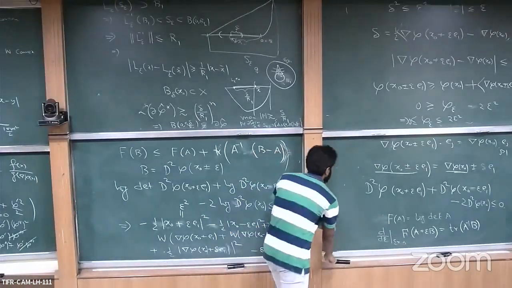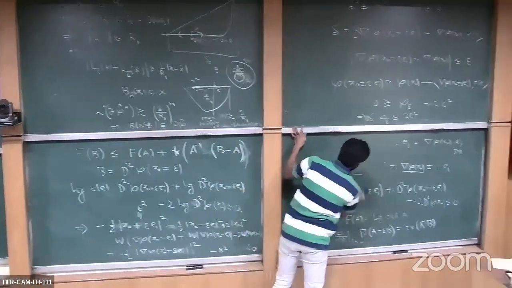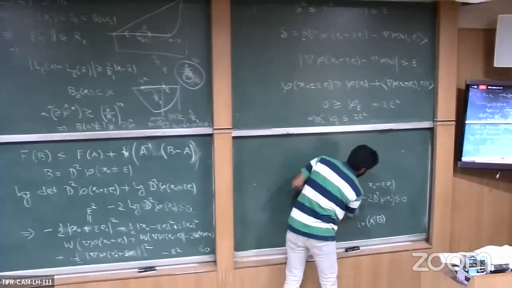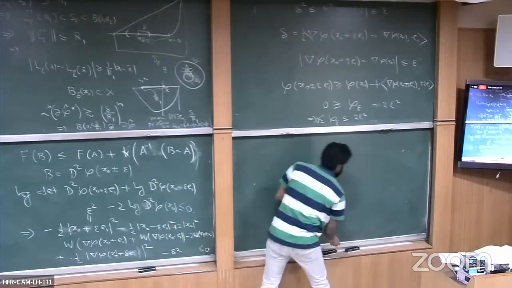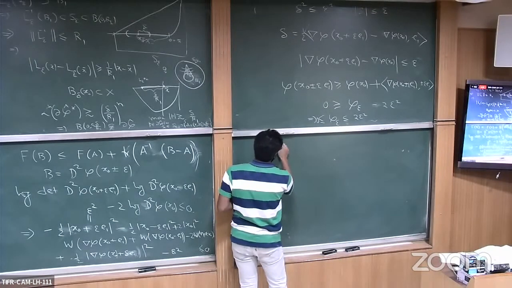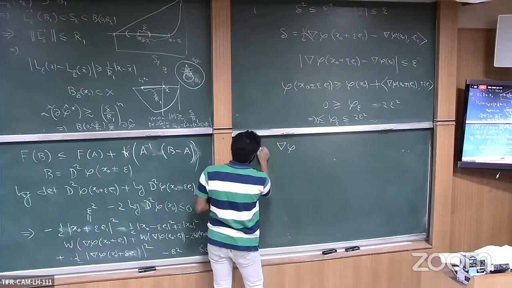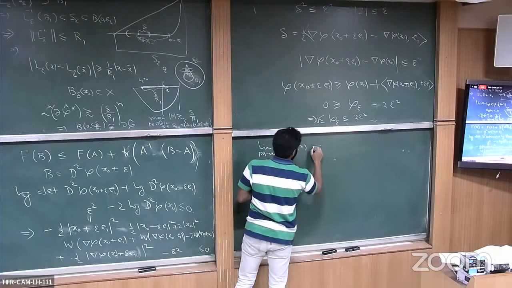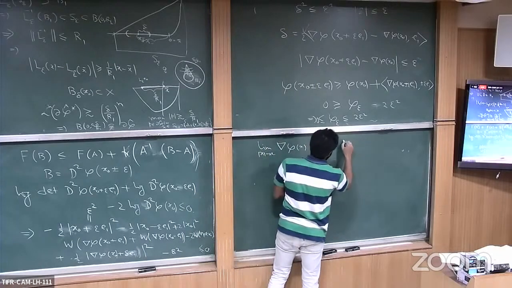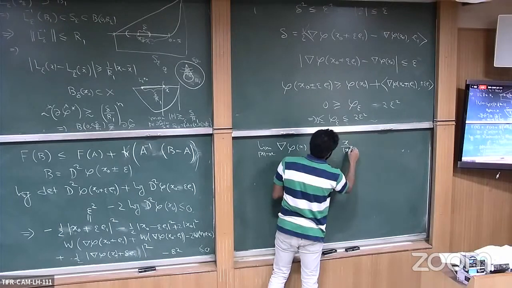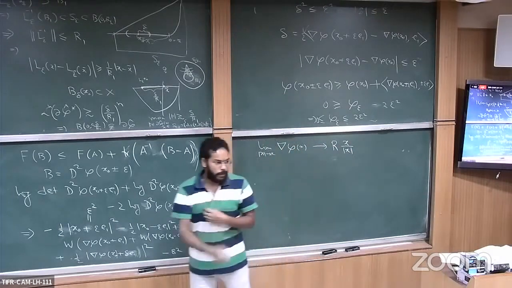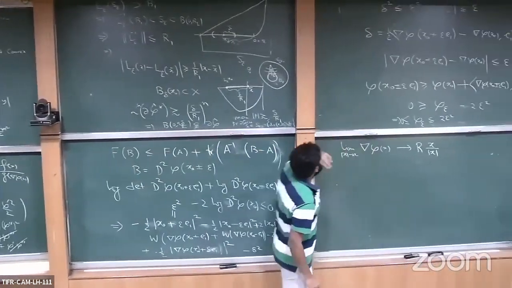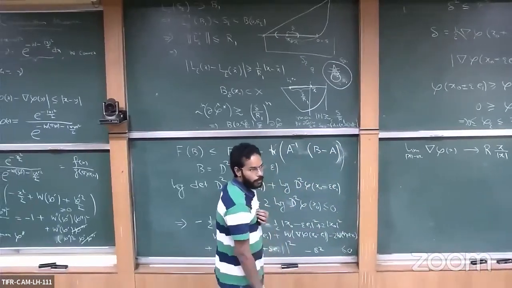And for the case where it equals 0, the idea is almost the same. For the optimal map, if you consider the limit as p equals infinity, this actually concentrates on the diameter, x by mod x times the diameter. That will show that your phi goes to 0.